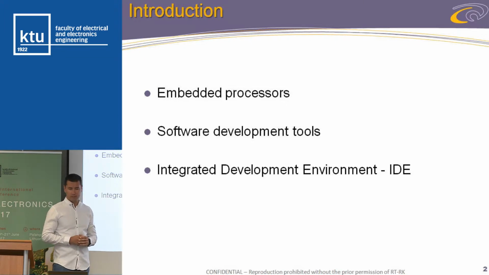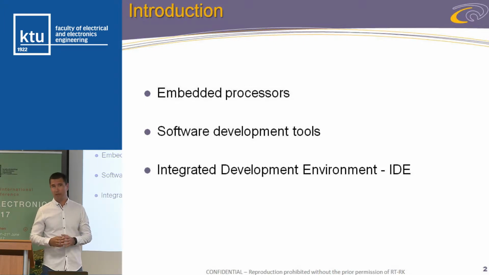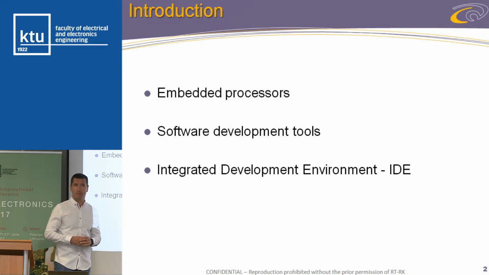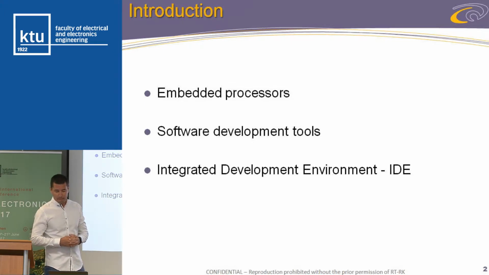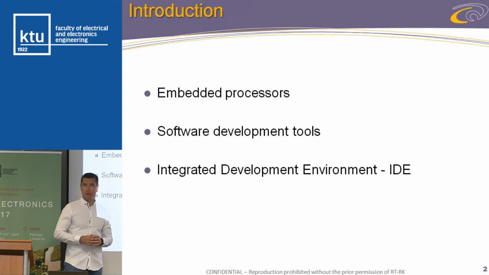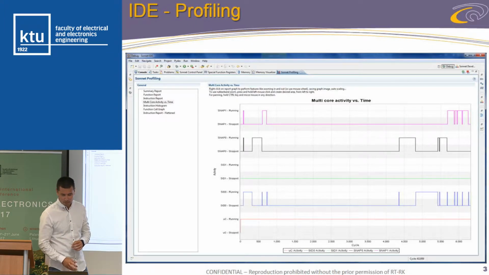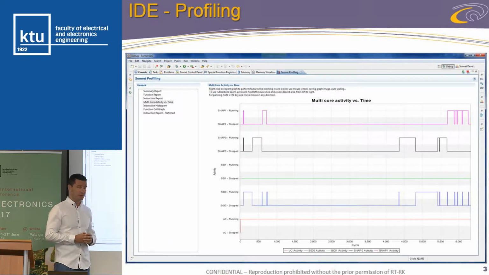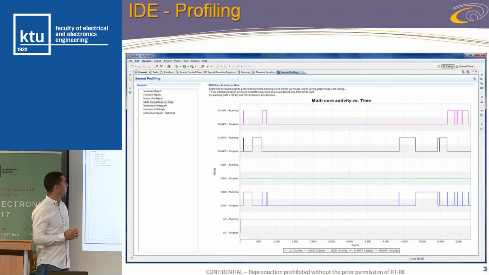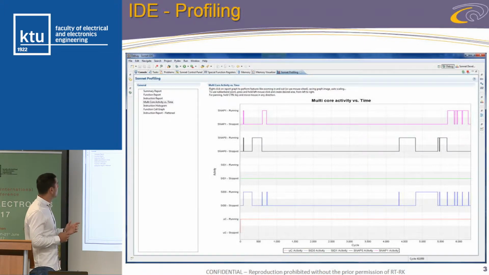The context of this research is embedded processors, software development tools, and all that integrated into the integrated development environment based on Eclipse RCP, used for programming target platform. And this is one of the views from the IDE that inspired this research.